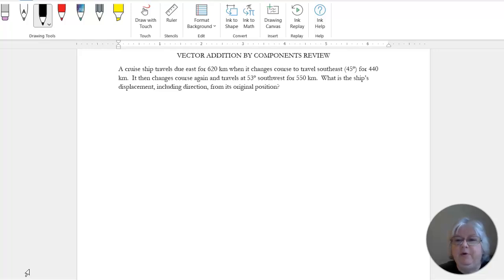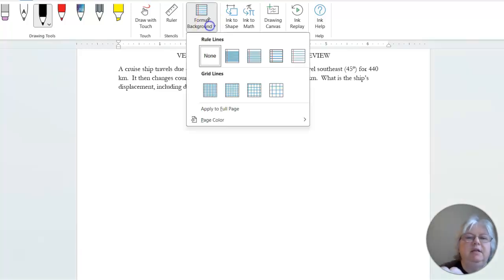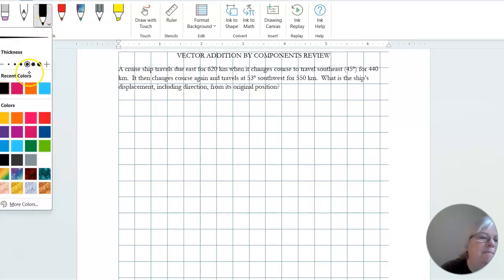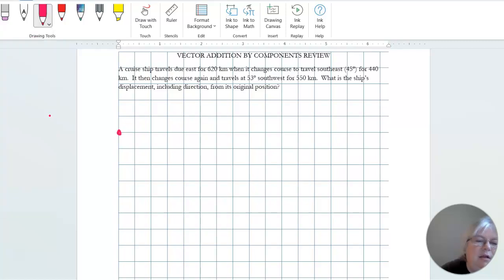The first thing I'm going to do is draw a picture representing my motion. So I'm going to put a little bit of a grid up. I'm going to start here, and I'm going to use different colors to represent my different motions.